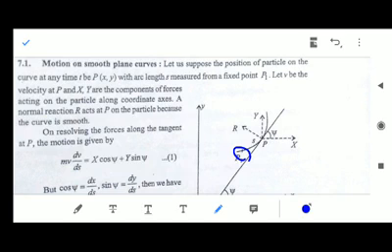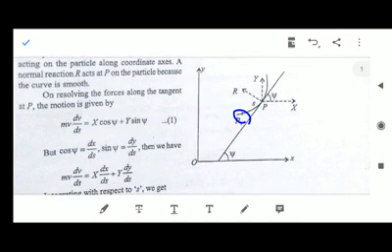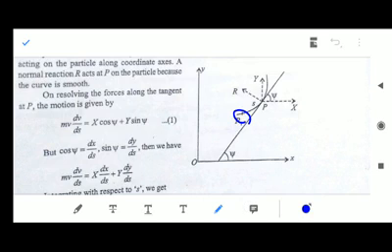Now on resolving these forces along the tangent at P, in the tangential direction the acceleration is v dv by ds. So the force will be m v dv by ds.